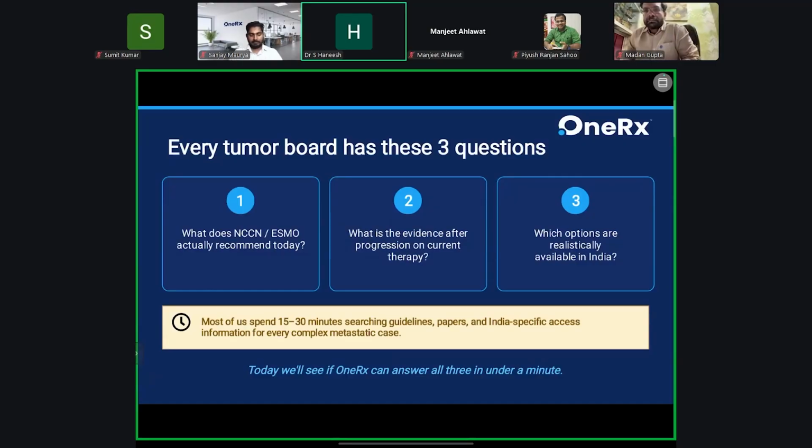What is the evidence after progression on current therapy? What options are realistically available in India? In general, most of us spend 15 to 30 minutes searching guidelines, papers, and Indian-specific access information for every complex metastatic case. So today, we will see if our platform OneRx can answer all three in under a minute or not.